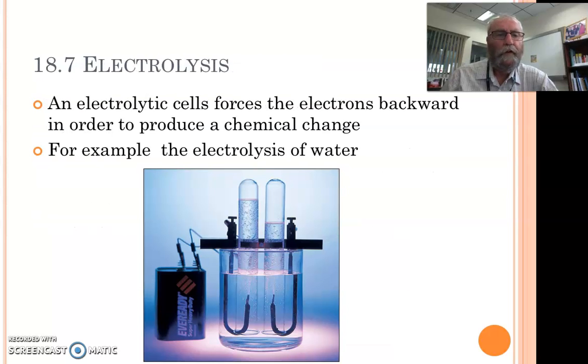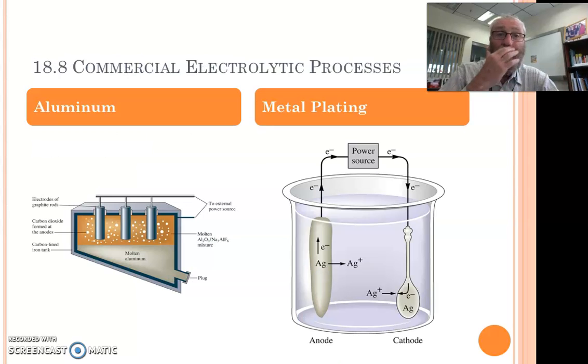Electrolysis. This is a process where we drive the reaction backwards by adding electricity. In this case, this is electrolysis of water, and you can see that there's twice as much hydrogen as oxygen being produced. We did an electrolytic process with the copper.